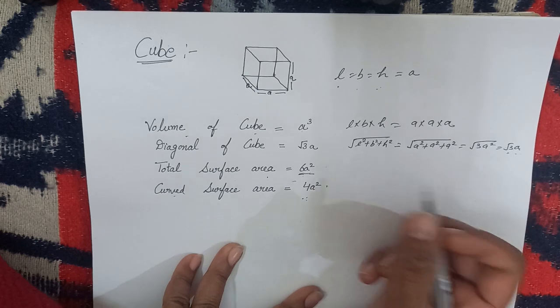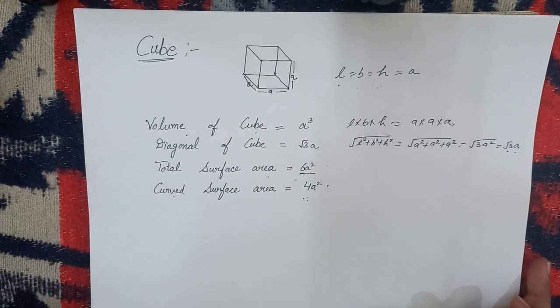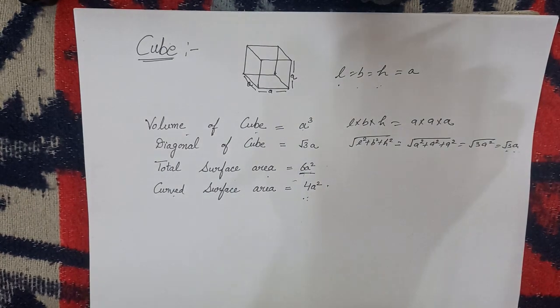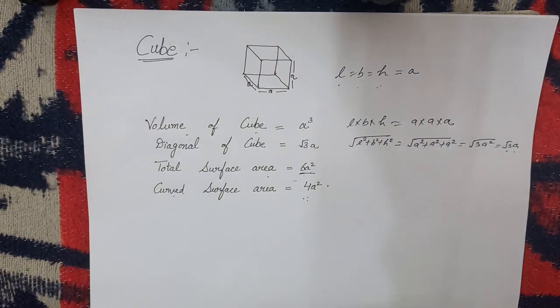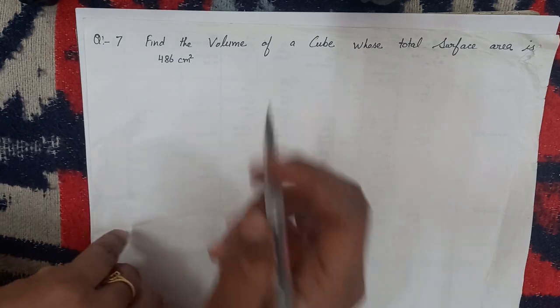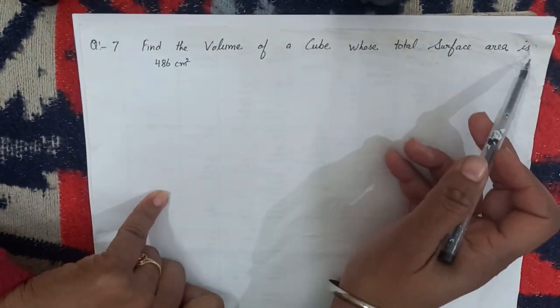Okay ji. Now we will try to do one question in this also. All the questions will be of the same form like we have done in a cuboid. Let's discuss the volume. Find the volume of the cube whose total surface area is given.